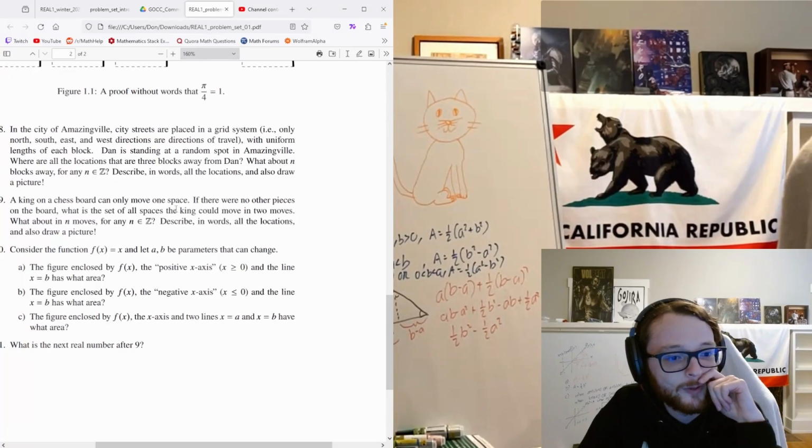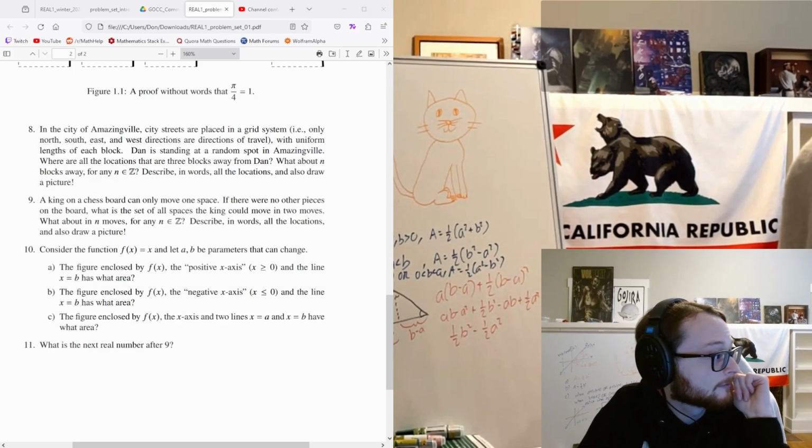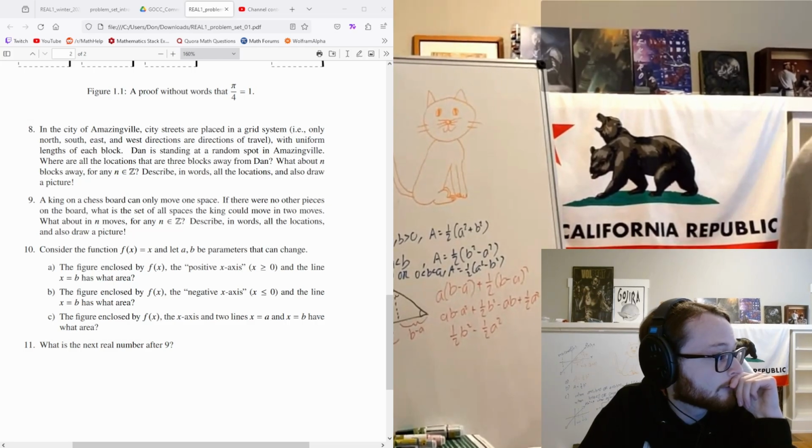Oh, and actually, let's look at the phrasing of the question, because a equals b might just boil down to 0. Yeah, if it's enclosed between x equals a and x equals b and a equals b, I think you have 0 area here. So, let's be complete about this.